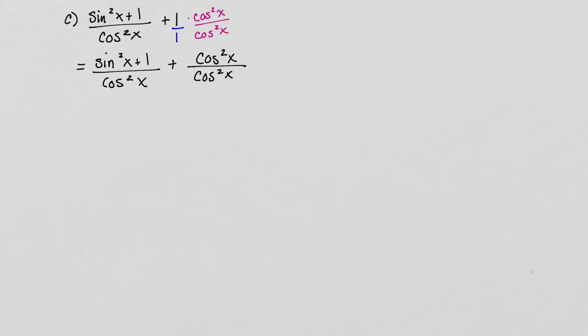Questions about what I've done so far? Okay, and all I've done here is a little bit of algebra. I haven't used any identities or anything like that. Now that I have the same denominator, I can add my two fractions together.